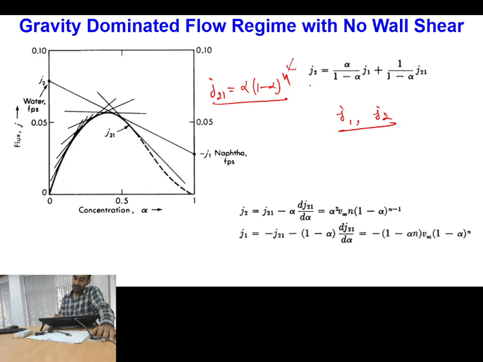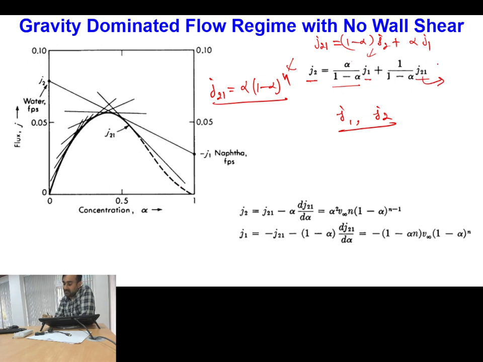Then we also have one more relation for J2. In my previous equation, J21 is (1 minus alpha) into J2 plus alpha into J1. From this equation, with a little algebraic manipulation, I can write J2 as alpha by (1 minus alpha) into J1 plus 1 by (1 minus alpha) into J21.